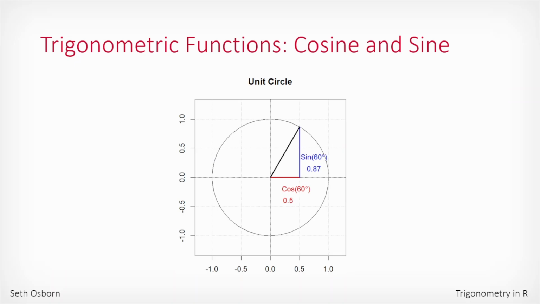And it just so happens that for any number of radians or any amount of degrees within this unit circle, we happen to know what cosine is and what sine is. That may not sound particularly profound, but this is extremely useful.